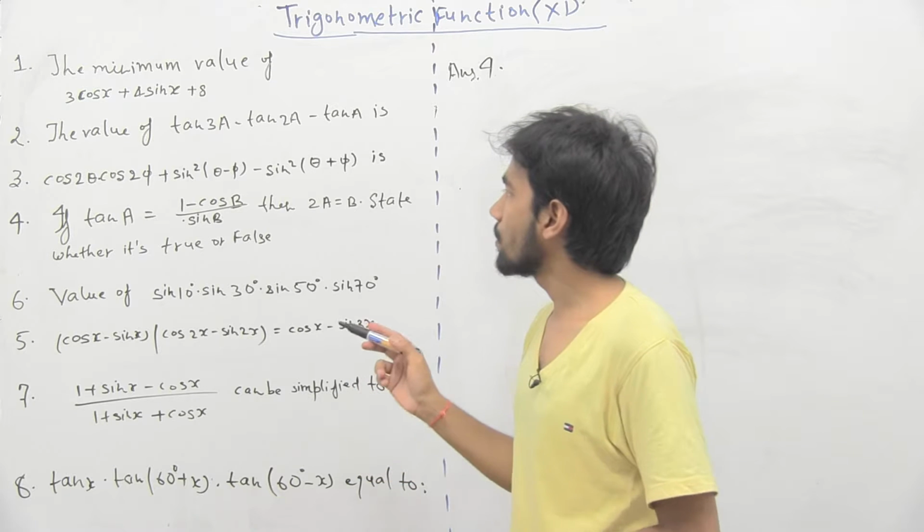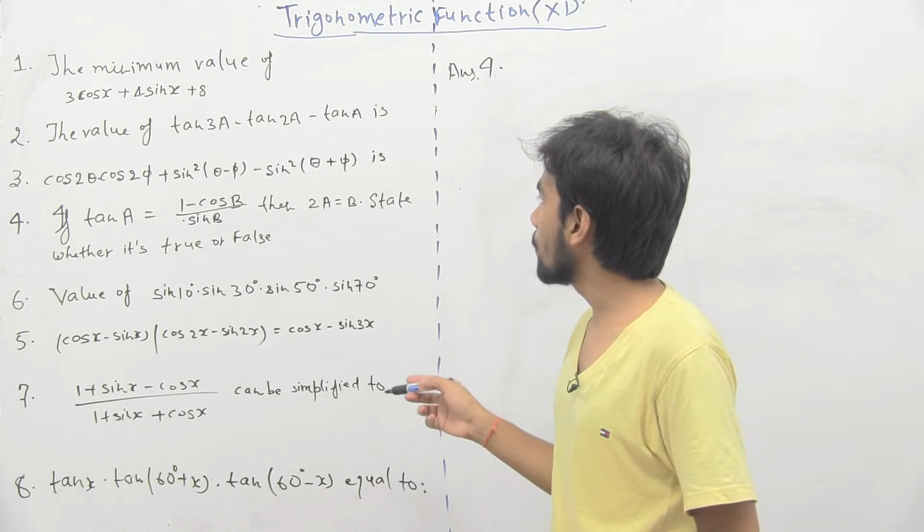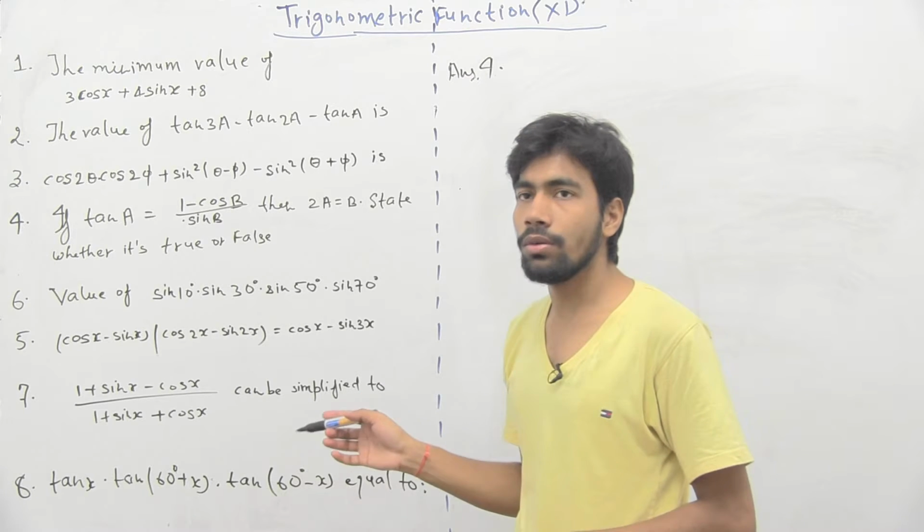Now question number 4, tan A equal to 1 minus cos B divided by sin B, then 2A equal to B. We have to state whether it's correct or wrong.